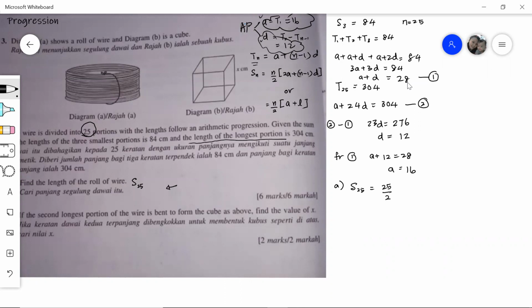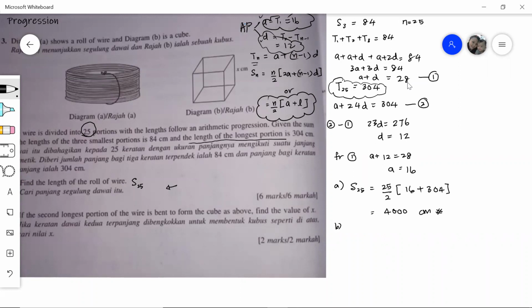In this case, I'm going to use the first term and the last term formula because I have a, the first term, which is 16, and the last term, the 25th term, which is given in the question itself. So let's put 304 in. Use the calculator and find the value. So the length of the roll of wire is 4,000 cm. So we found the answer for A.